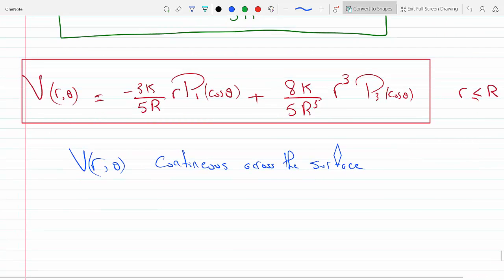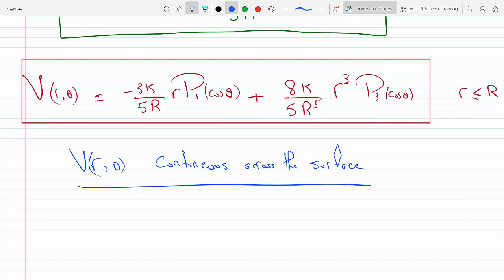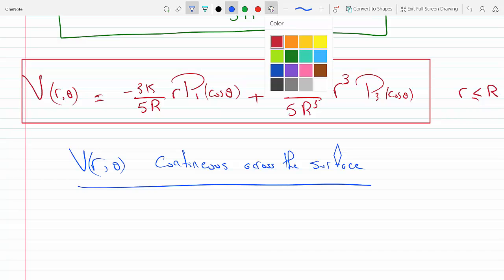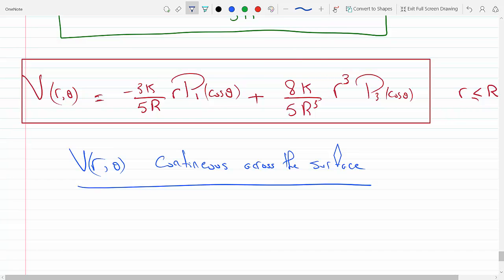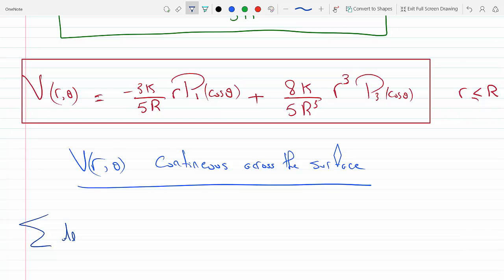Which means if this is true, then I could write that the summation of A_L R^L P_L cosine theta has to equal B_L over R^(L+1) P_L cosine theta.